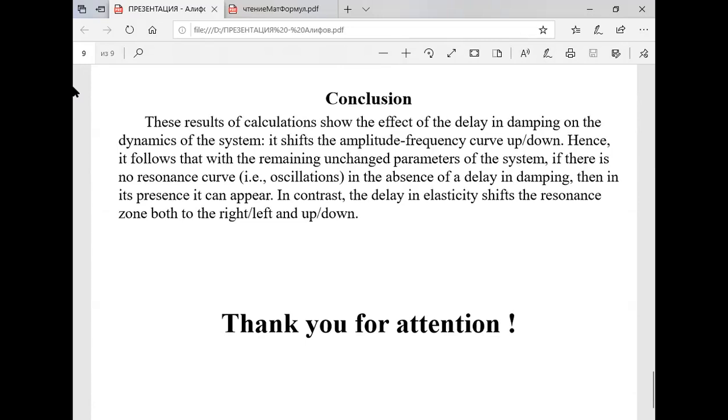Hence, it follows that with the remaining unchanged parameters of the system, if there is no resonance curve, i.e. oscillations, in the absence of a delay in damping, then in its presence it can appear. In contrast, the delay in elasticity shifts the resonance zone both to the right or left and up or down.